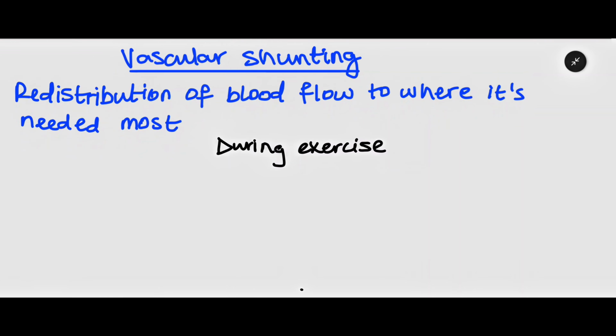Vascular shunting is another key term, and this simply means the redistribution of blood to where it's needed most. So during exercise, two things happen. Blood is taken away from where it's not needed, and blood is supplied to where it's needed.